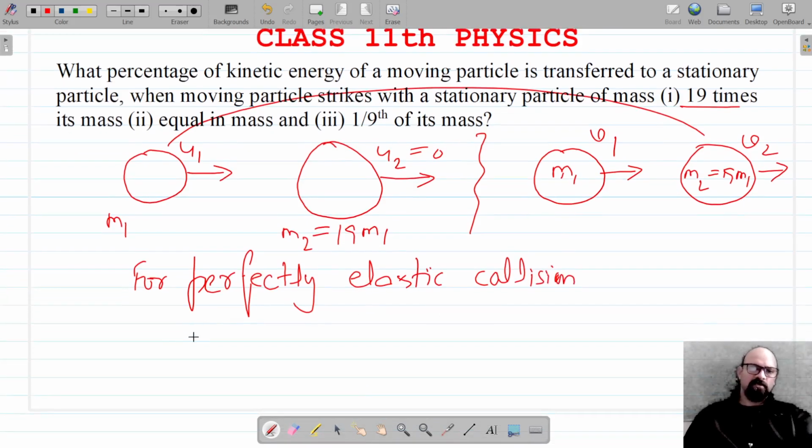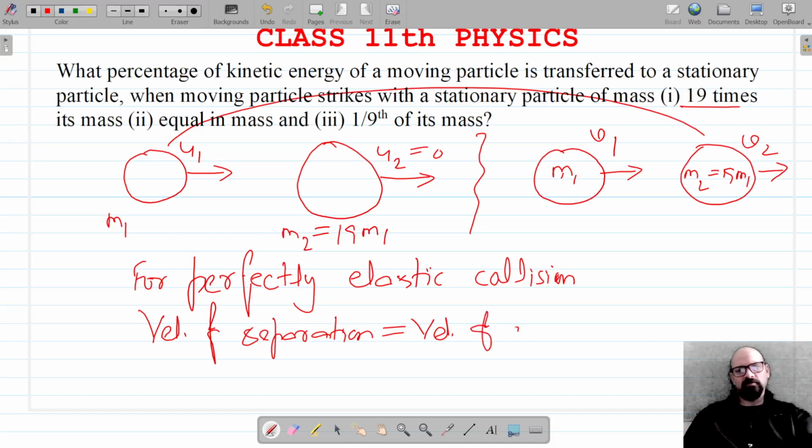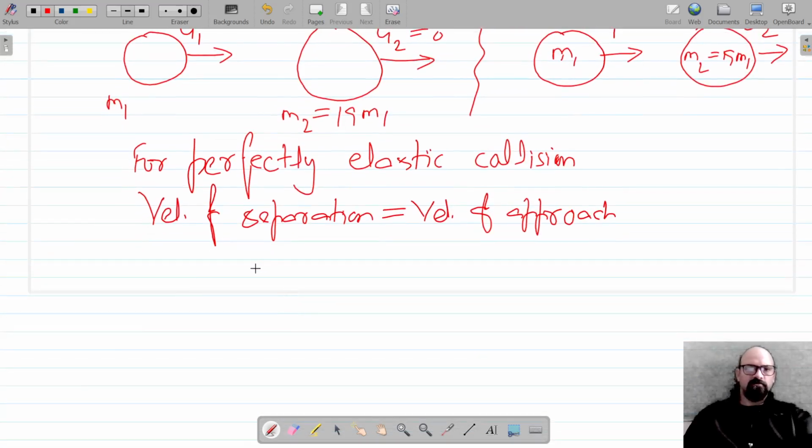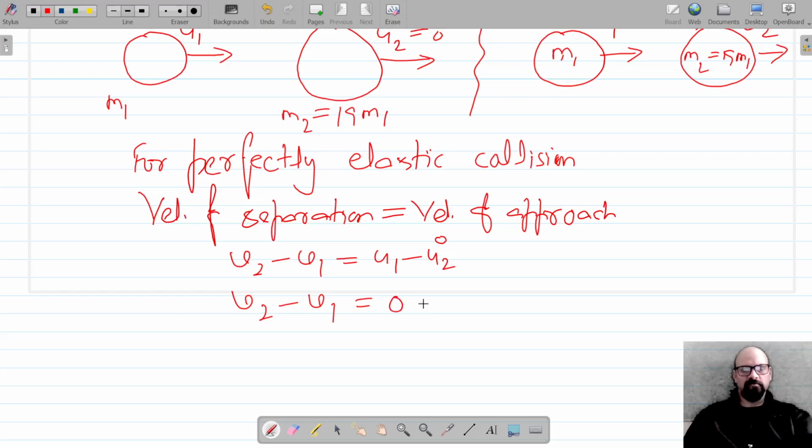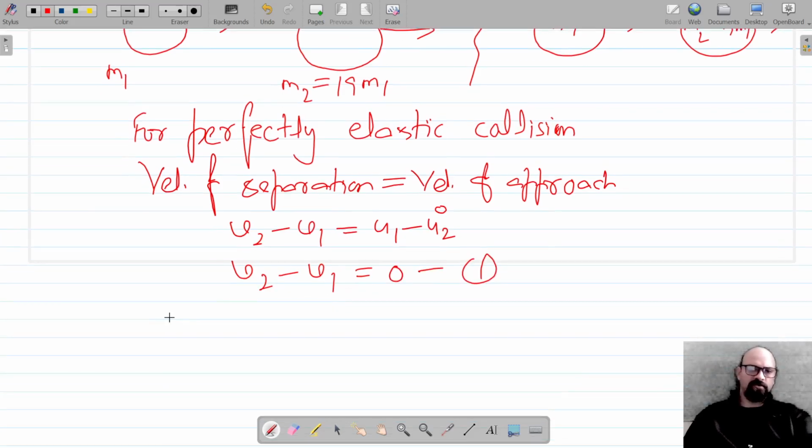That means the velocity of separation is equal to the velocity of approach. Now the velocity of separation is given by v2 minus v1 is equal to u1 minus u2, and u2 is 0, so this equation reduces to v2 minus v1 is equal to u1. Let this be our first equation.